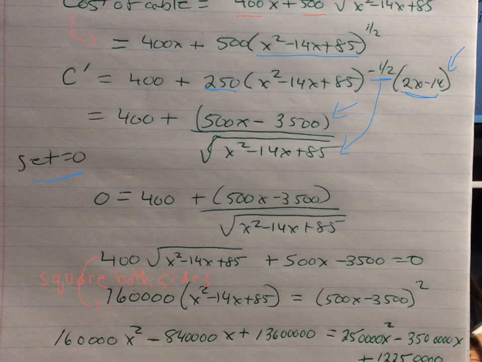I think that's right. I didn't use my calculator on that one, so you might want to just double check my numbers. You know what, I'm just going to double check that right now. 400 squared is 160,000. Okay, it's early in the morning. So we have 160,000, and then the square root bracket will just become without the square root when we square it.